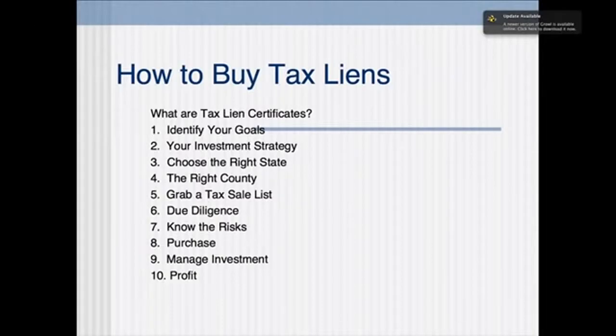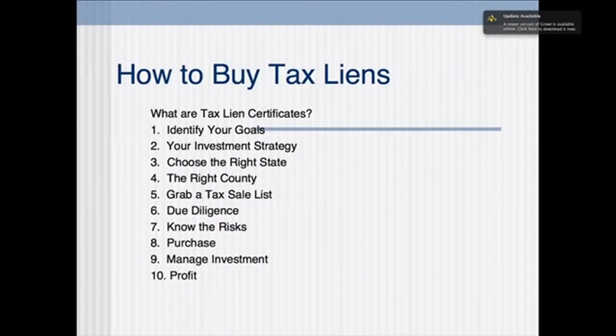Every state has its own annualized rate of return, and it varies anywhere from, like I say, 8% all the way up to 25% and even more. So you really need to determine what is your investment strategy so that you can choose your state. Some states are better in a sense where you have a better opportunity of ending up with the property if that's your goal. So you want to consider the annualized rate of return.